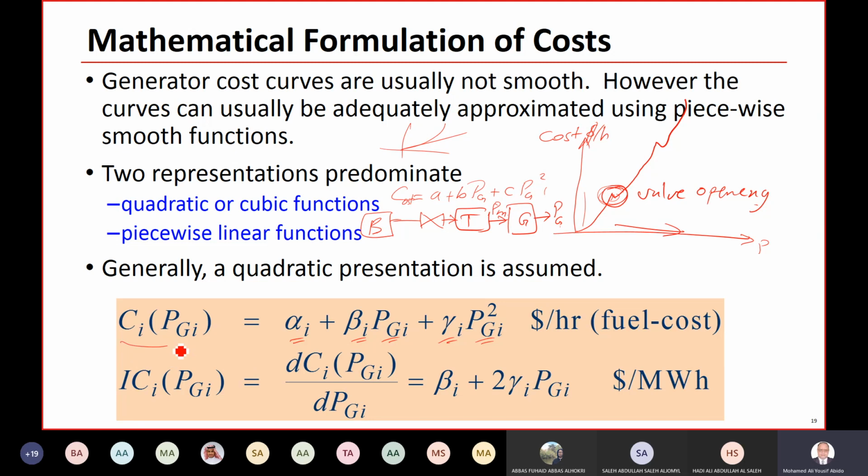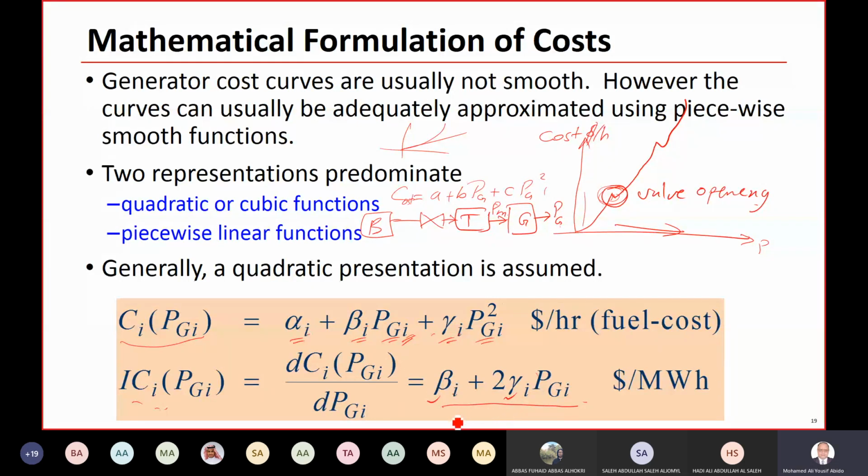You have the cost curve. If you differentiate it, you get the incremental cost. With alpha, beta, gamma, PG squared, and so on, if you differentiate with respect to PG, alpha diminishes and you have beta plus 2 gamma multiplied by PG. Beta and gamma are constants, and you know them.